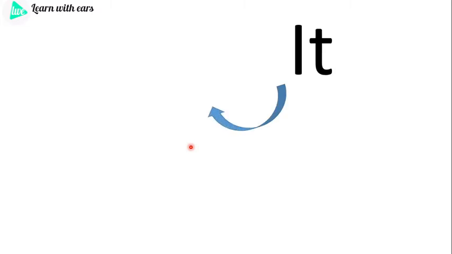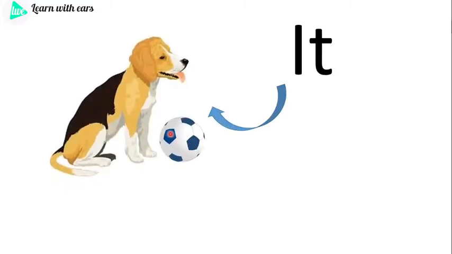We use it with an animal or a thing. It has a football. But if you're treating a dog as a family member, you can use he. Or if you're telling a story, you can use he.